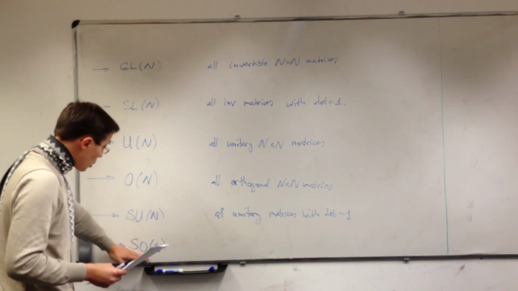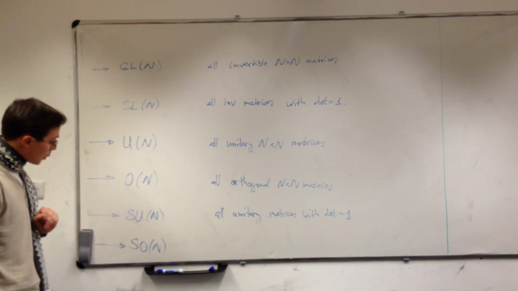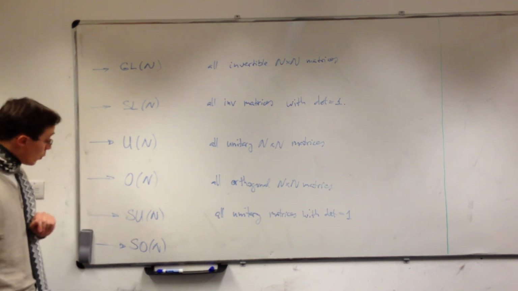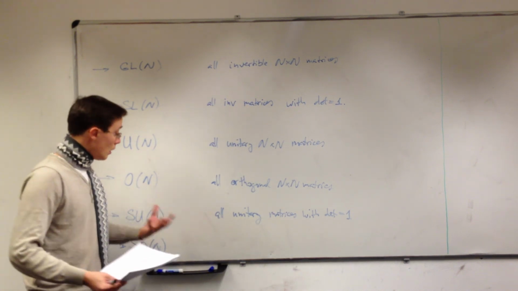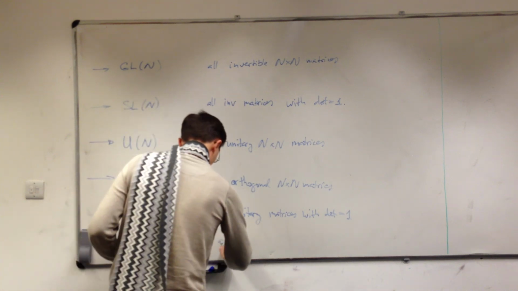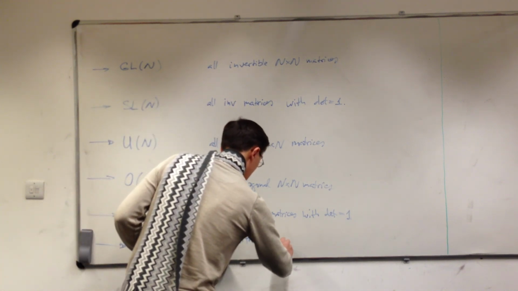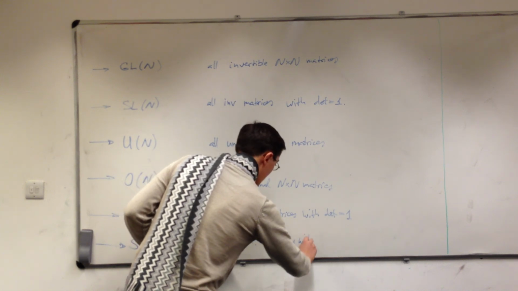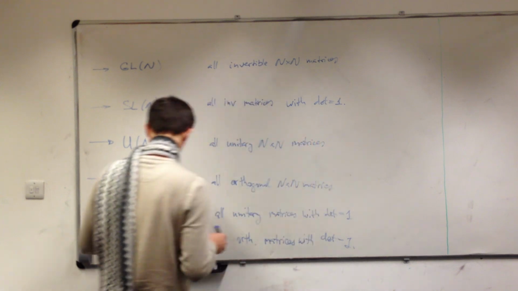And so this is the group of rotations in n-dimensional space, and in particular what we'll be dealing with a lot is SO3, which is the Lie group of rotations of our ordinary dear old 3-dimensional Cartesian space. So all orthogonal matrices with determinant equal to 1.